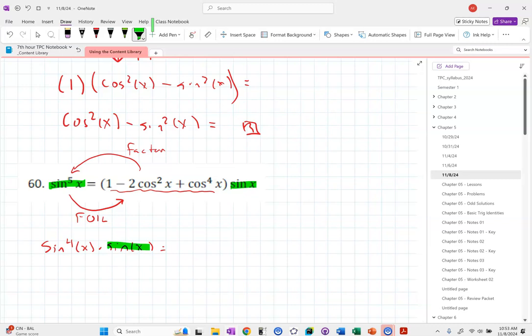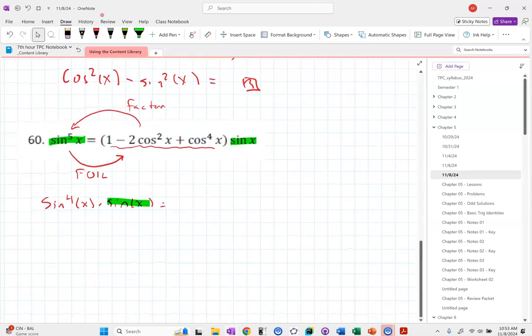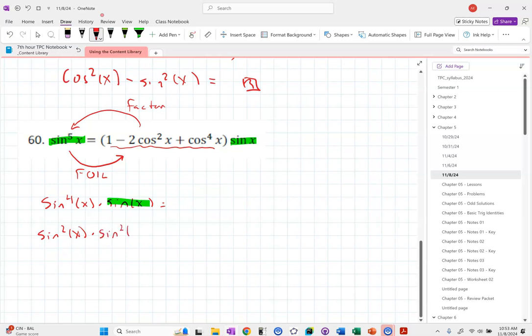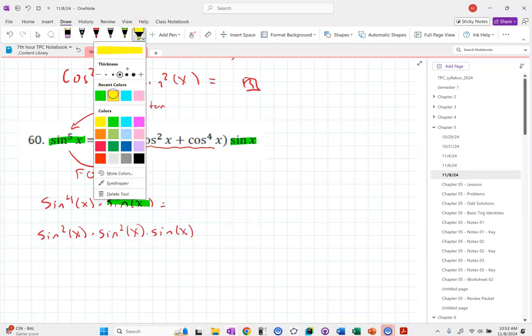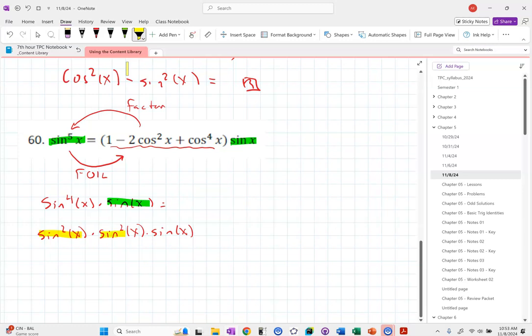Cool. Now, if I look for an identity, sine to the fourth doesn't get me much. But if I rewrite that instead as sine squared times sine squared, that's the same thing as sine to the fourth, right? And that's real helpful because I know I can rewrite sine squareds in terms of cosines using P1. So I'm going to replace those sine squareds with 1 minus cosine squareds.